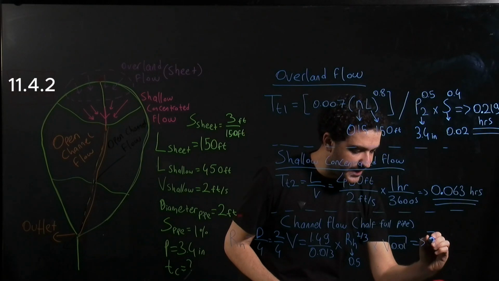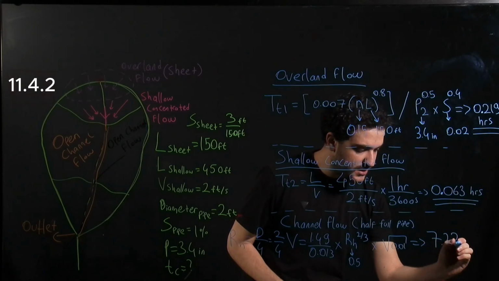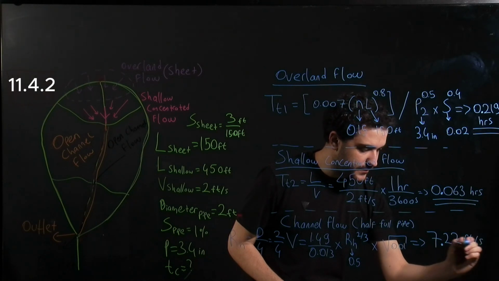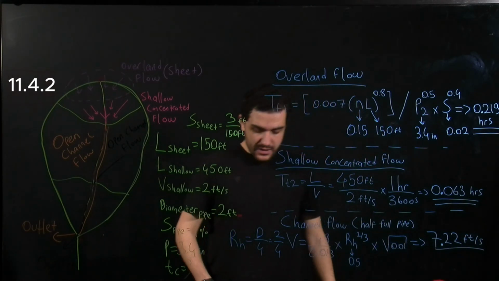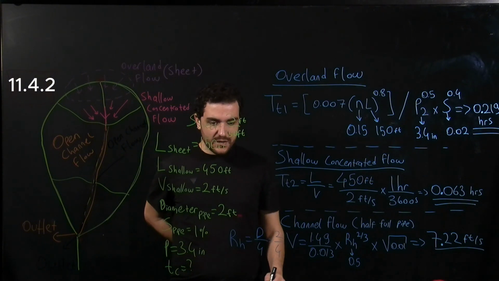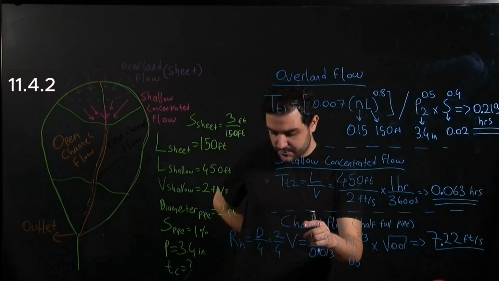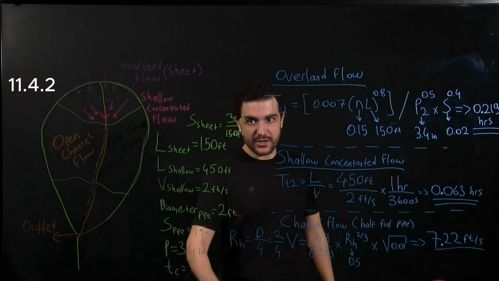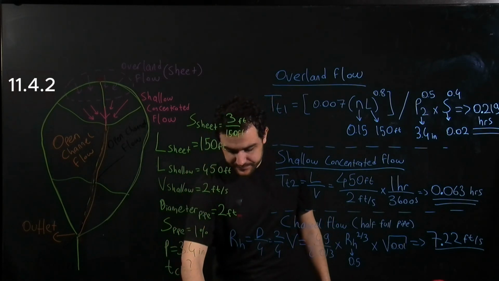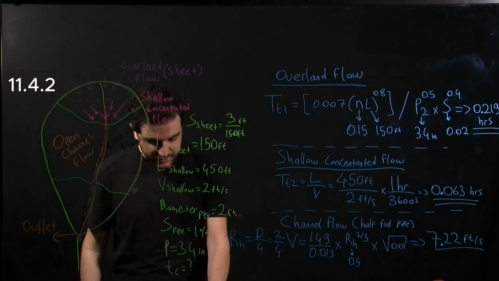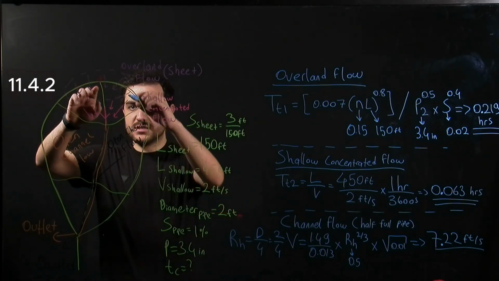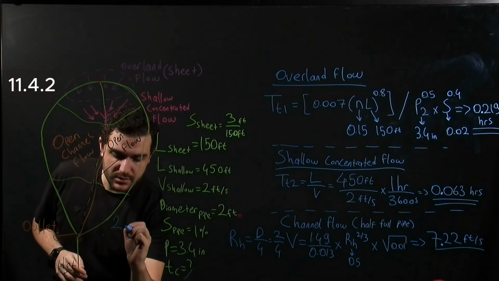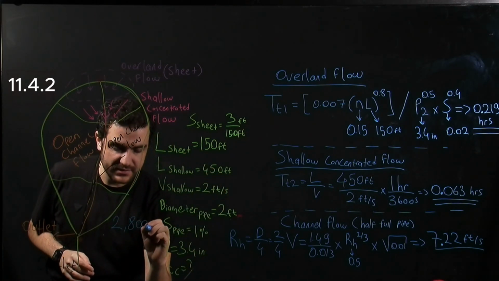From here, we will get the velocity as 7.22 feet per second. And now we can calculate the travel time using the same equation here. Also in the equation, it says the total flow path is 2,800 feet.